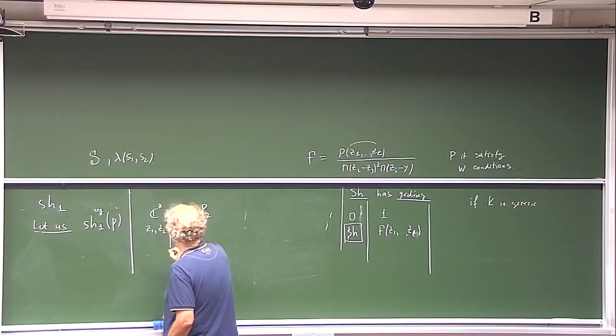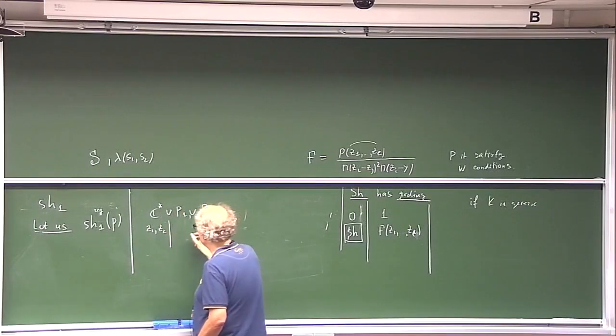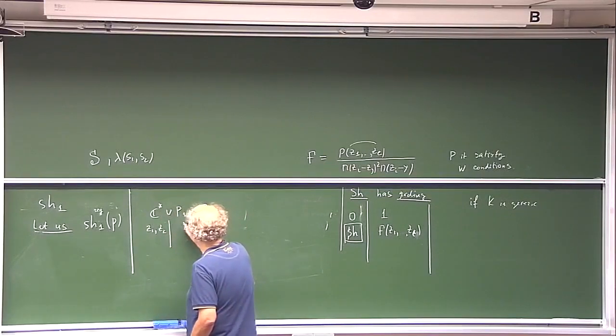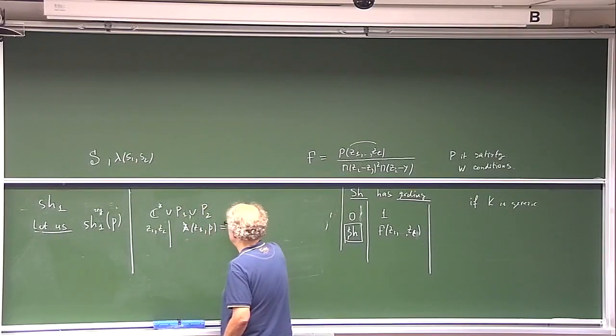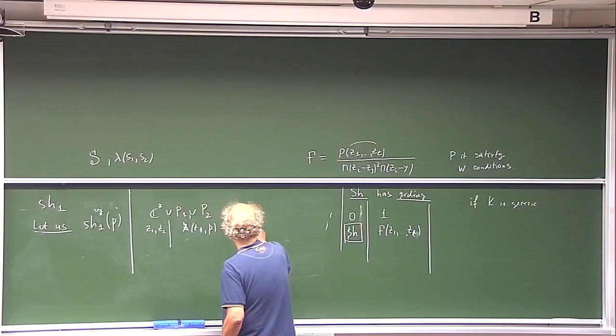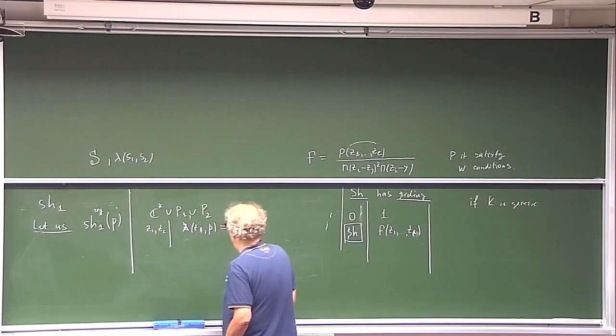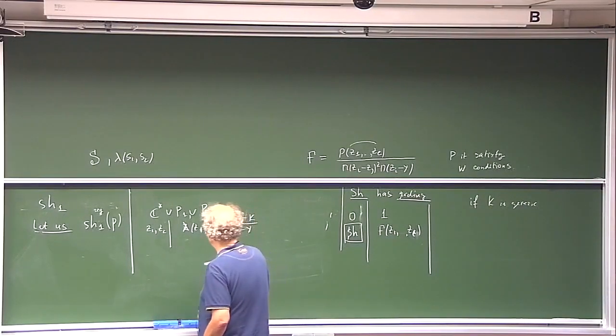The function lambda in V1 and P will be Z minus K times V minus Y, and maybe the opposite is 1, and here is P1.